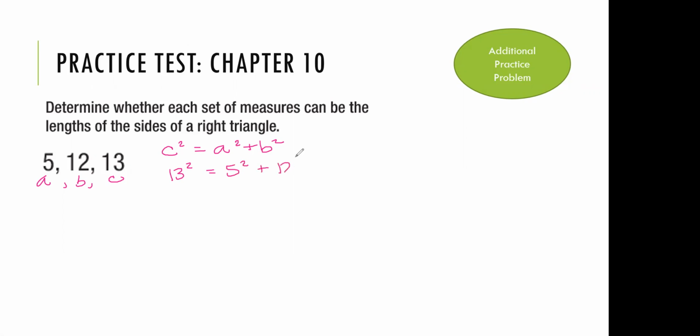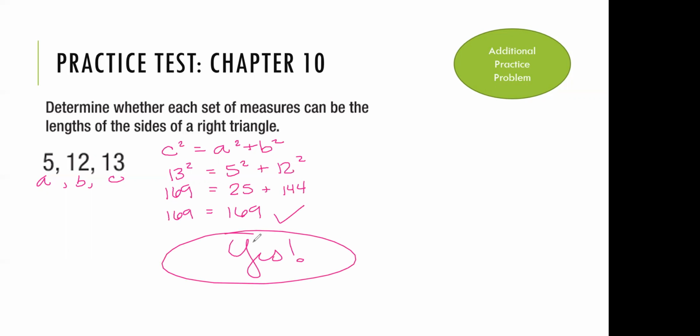But if it's not, then it's not going to be a right triangle. So this is going to be 13 squared is 169, and 5 squared is 25, and 12 squared is 144. And if I add 25 and 144, I get 169, which is equal to 169. So yes, this is going to be a right triangle, okay?